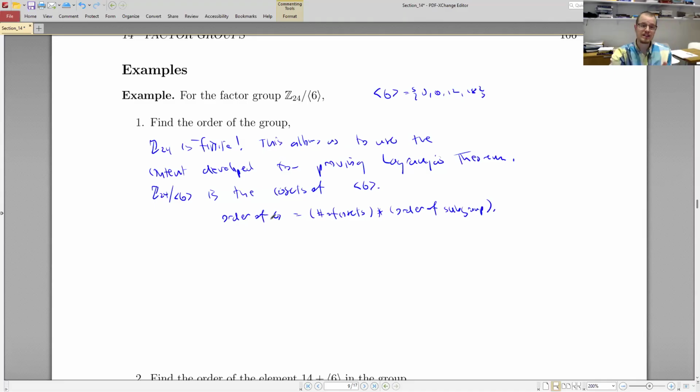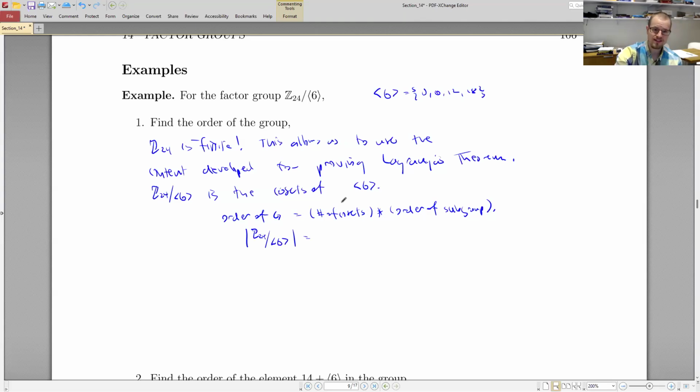And because we have that it's finite, this is a perfectly well-defined equality. Finite number equal to number times number. There's no issues there. So the order of the group that we're interested in this case is the order of Z24 mod what's generated by 6.